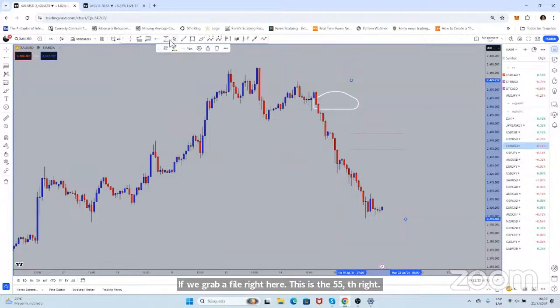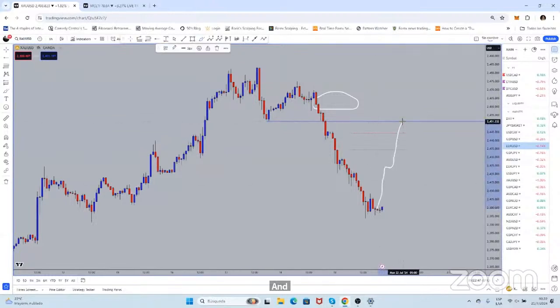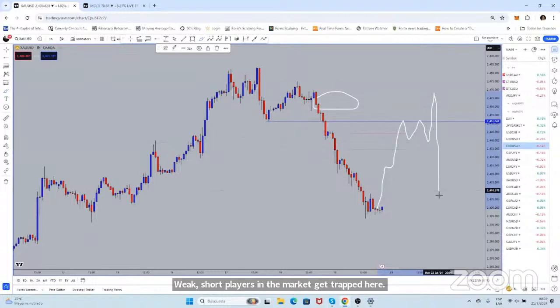So to me, taking shorts around the 61.8 is a little weak in the sense that we have the trap here, right? And very possibly should go pull back towards these levels. We are going to see weak short players in the market get trapped here, right? Before getting liquidated and seeing the actual move to the downside.